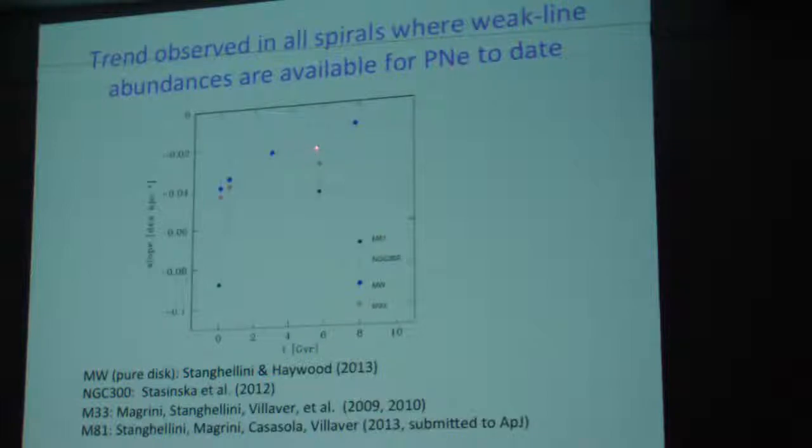The two green points, I'm sorry, they're very faint, are from Stasinska, work from a year ago on NGC 300. It's a nice sample, and H2 regions are here and here, so there is also that steepening with time. And the 2 black dots are our recent work on M81 with Gemini, with the GMOS.